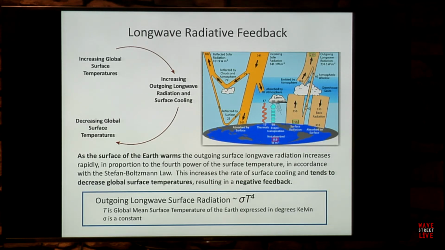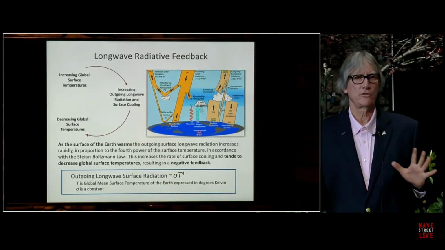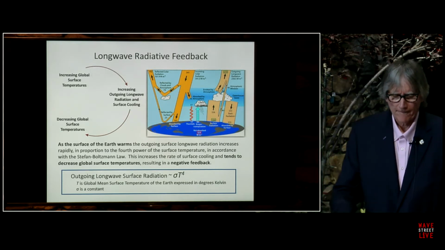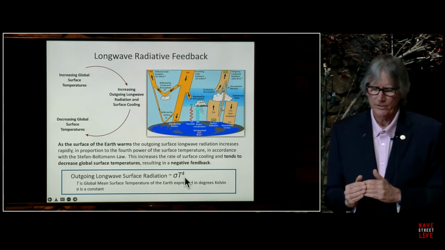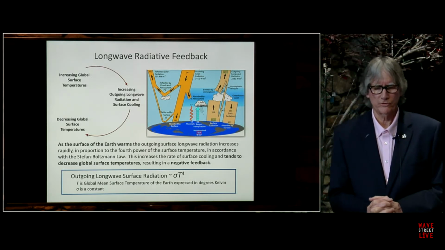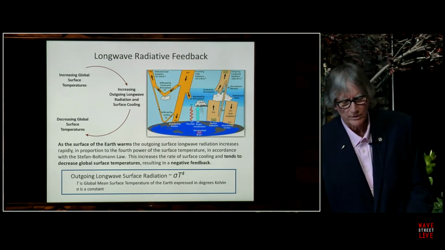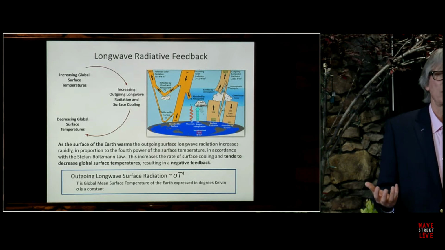So if you recognize that the average temperature of the Earth is about 15 degrees centigrade right now, and put those numbers in there and realize how much it's increased because we've warmed about 1.1 degrees centigrade, you find that the outgoing long-wave radiation is increased by about 1.7%, and that's actually pretty large.